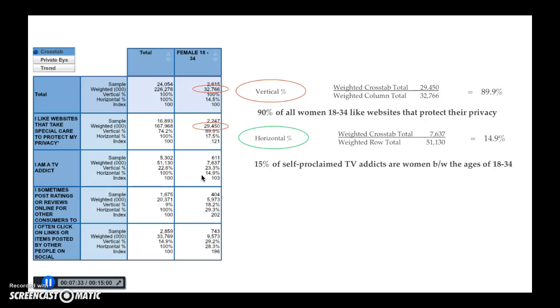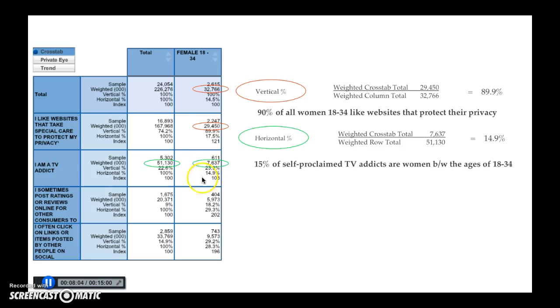So the 7 million is divided by the 51 million to get me a total representation of about 15% of all people who claim to be TV addicts are women 18 to 34. That's a fairly small percentage of the whole, so they might not be my most likely prospects based solely on this analysis.